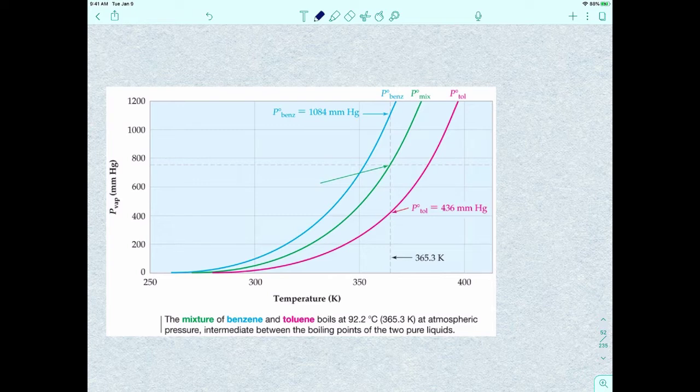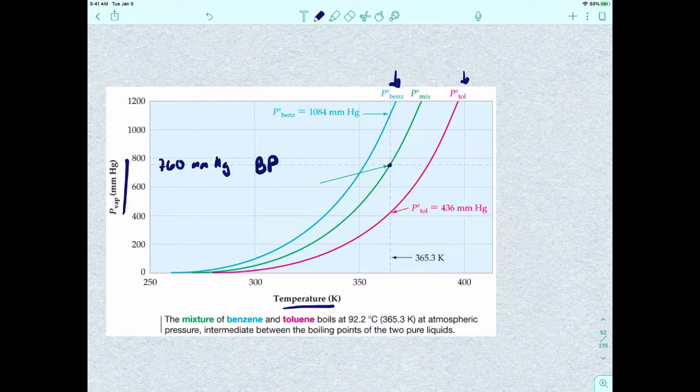So here, we're looking at the same mixture. We've got benzene, we've got toluene, and then this green line is going to be your mixture. On the y-axis, we're looking at pressures measured in millimeters of mercury. On the x-axis, we're looking at temperature. The green arrow is pointing to this point right here, because this is going to be 760 millimeters of mercury, and by definition, the temperature at which the pressure is 760 millimeters of mercury is your boiling point.